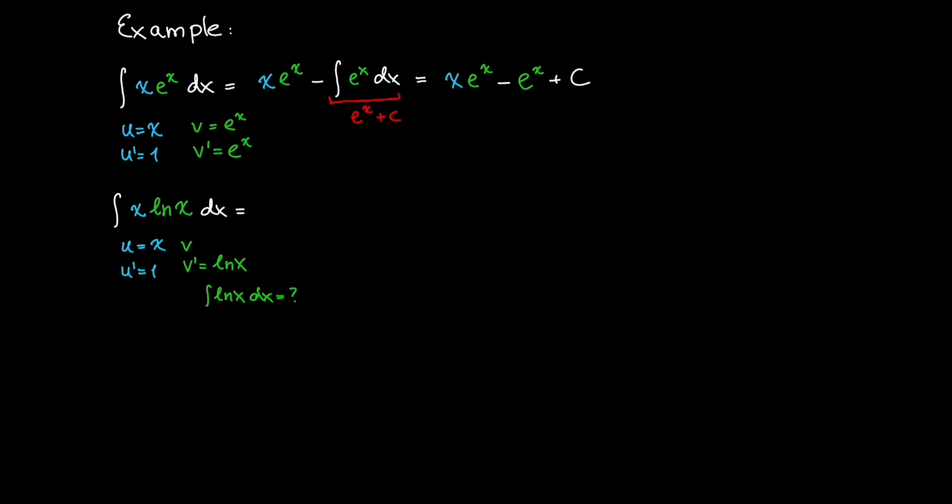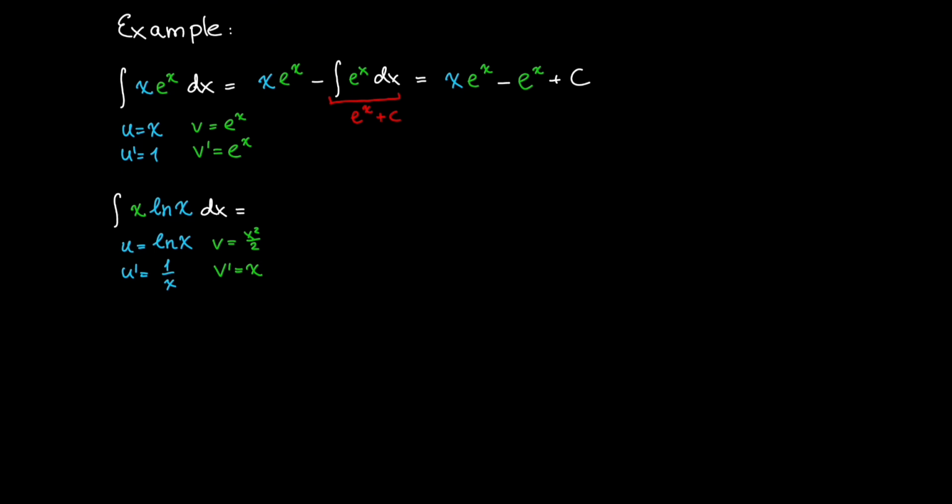So that means we have to switch it up, meaning this time u is going to be ln of x and x is going to be our v prime. So then, in this case, u prime, the derivative of the natural log of x, we know is 1 over x. And of course, the original v is going to be x squared over 2.